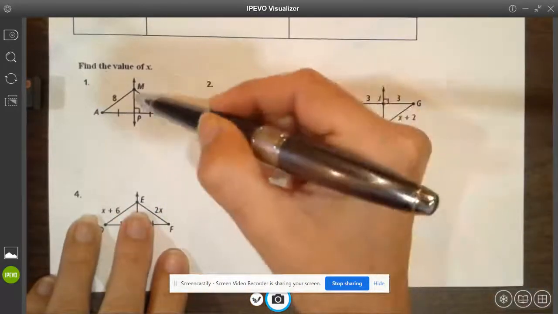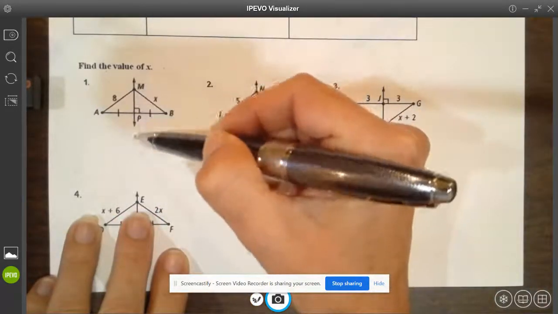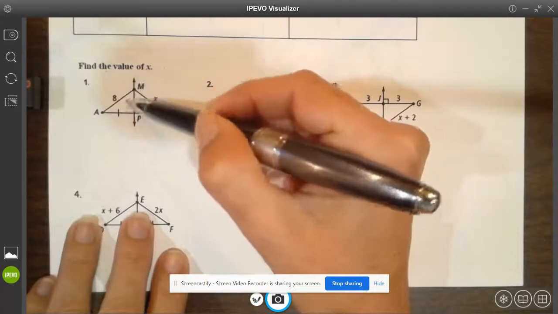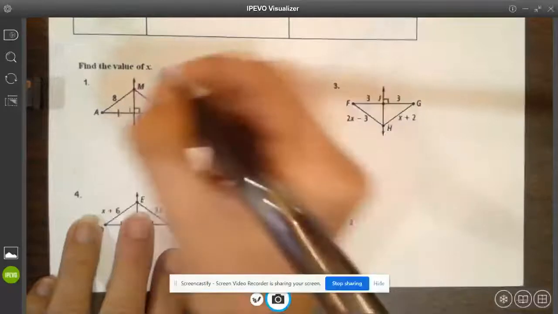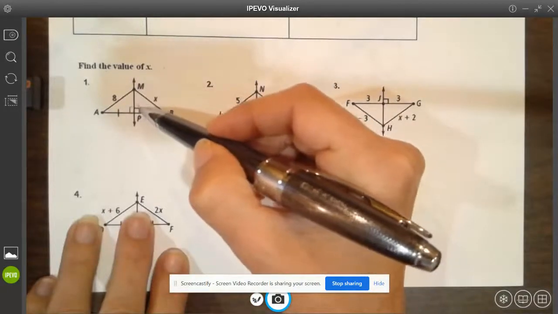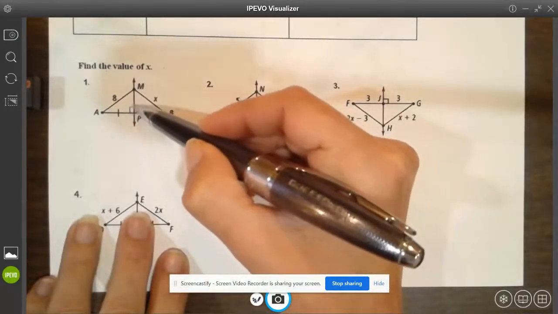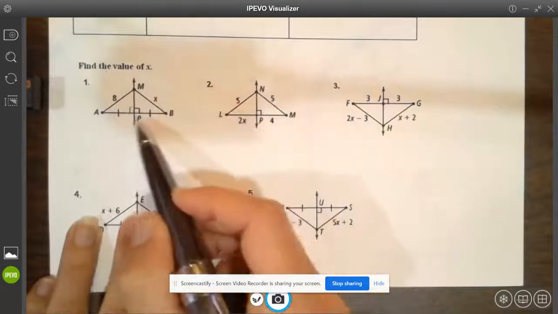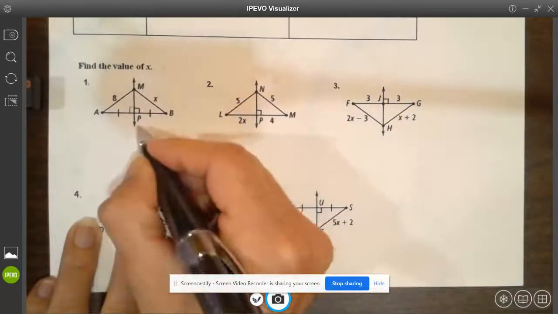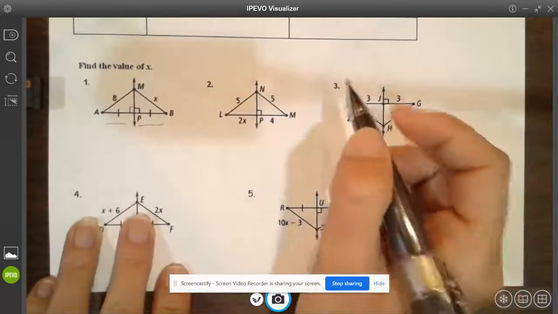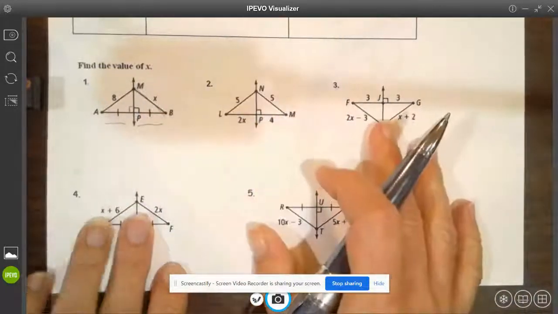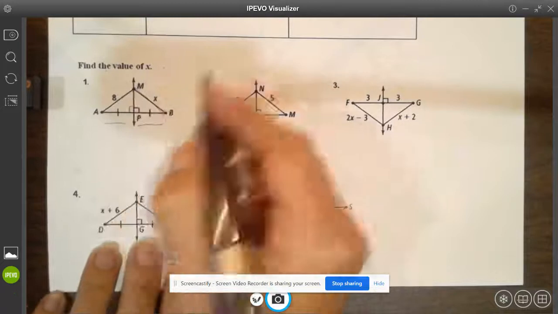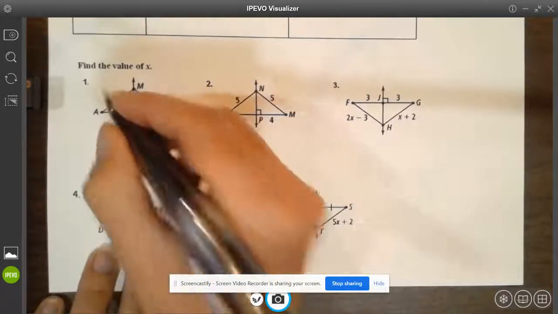This is a perpendicular bisector, bisecting and forming two right triangles right here. So this is a 90-degree angle and this is a 90-degree angle. This makes this side and this side the same. And for that reason, x is going to be equal to 8.